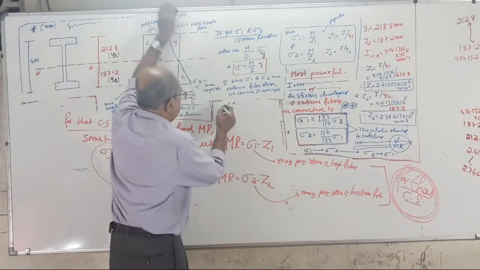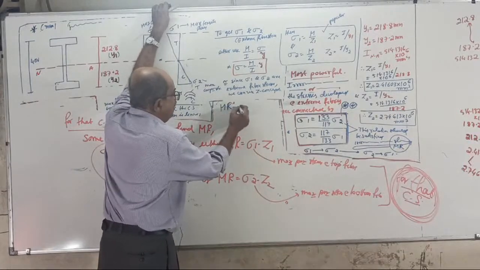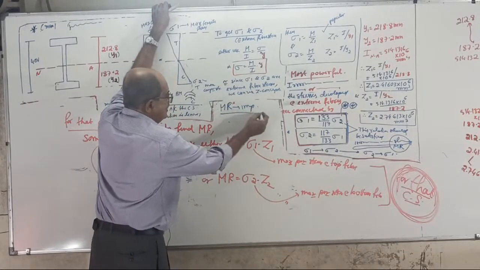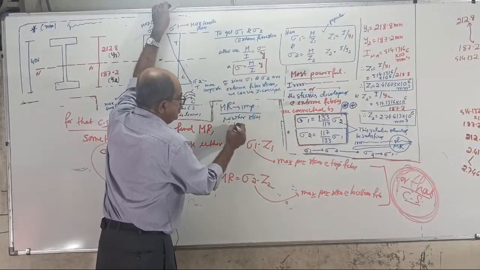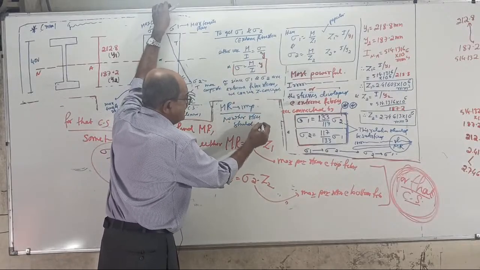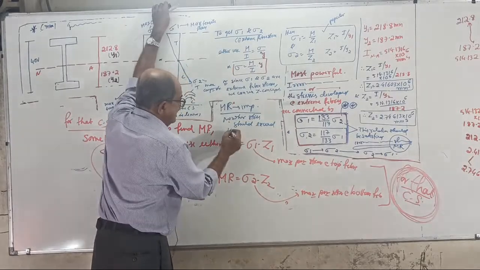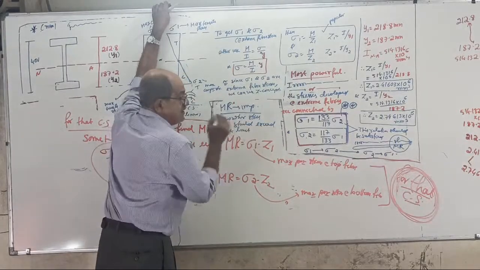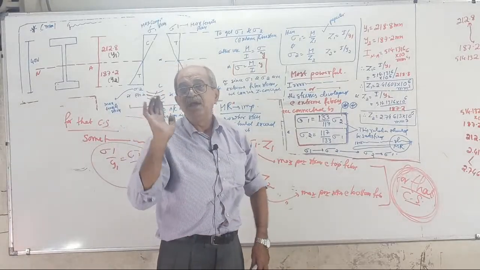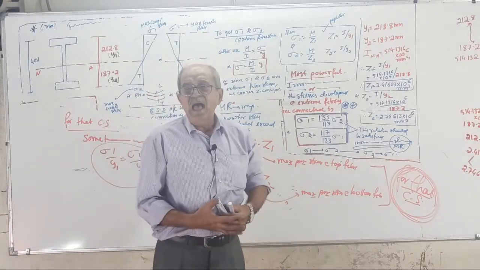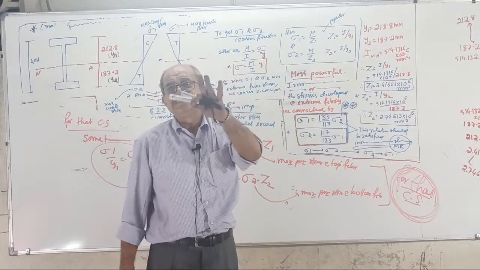See, when you find MR, it is very important that nowhere stress should exceed the limit. Nowhere stress should exceed the limit. And also MR means maximum BM.